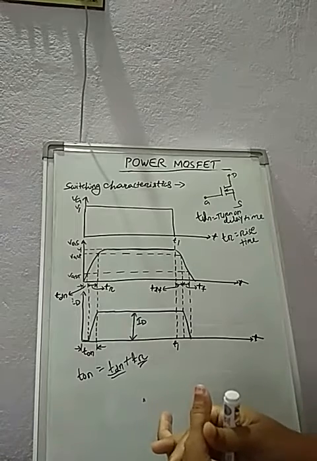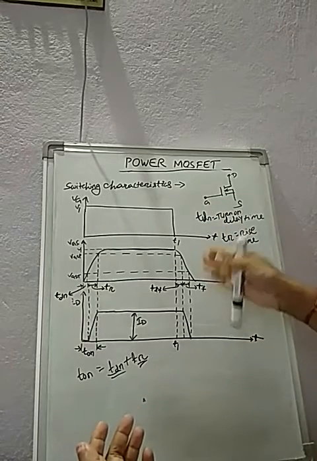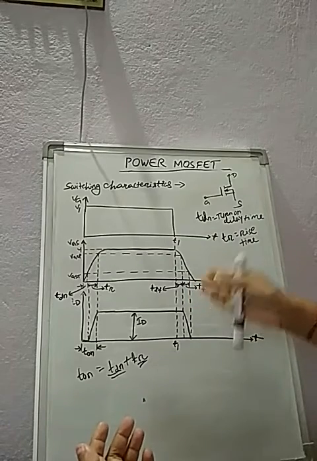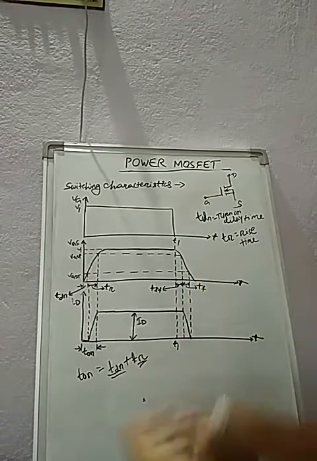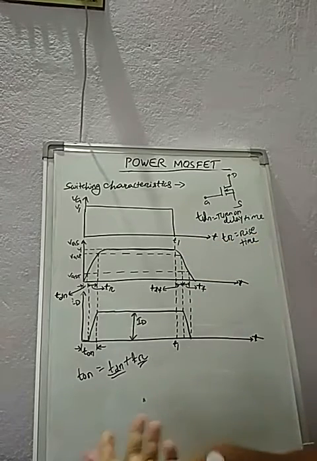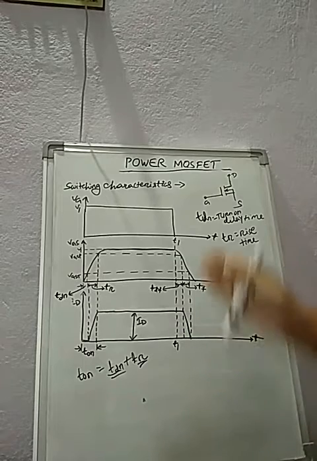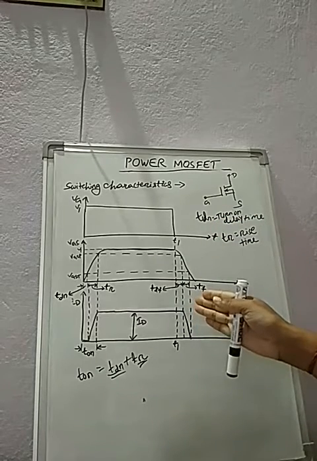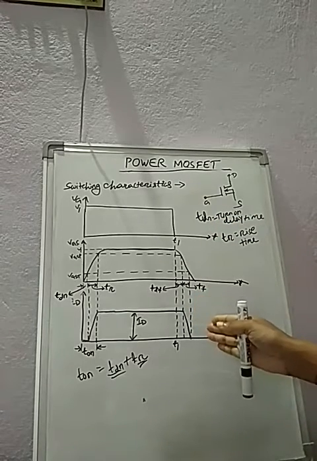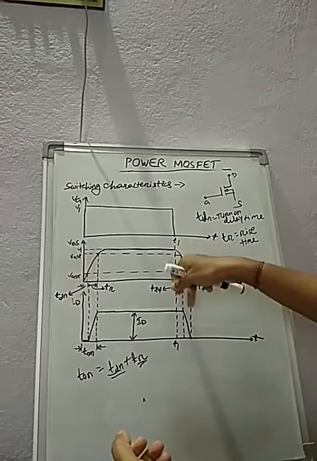That's why it is a unipolar device. Thus MOSFET is a majority carrier device. That means in an n channel, electrons are the majority charge carriers. The turn off process is initiated after removal of the gate voltage at time t1.